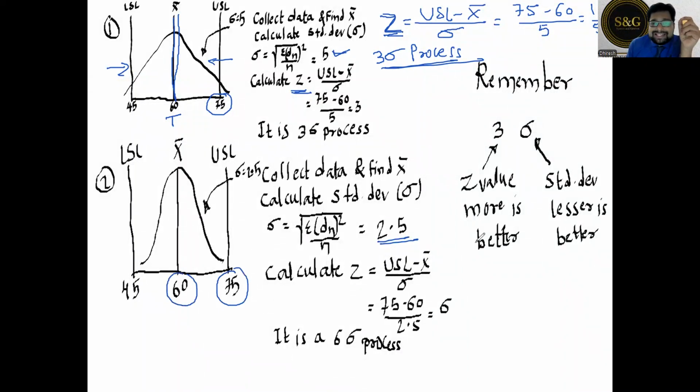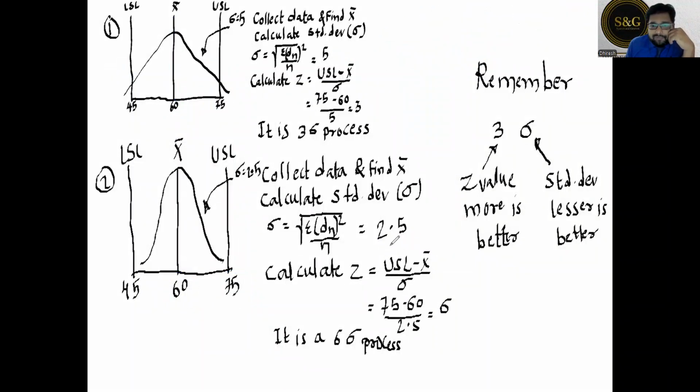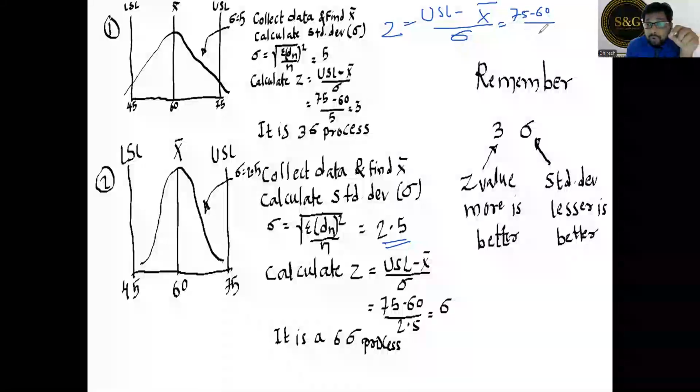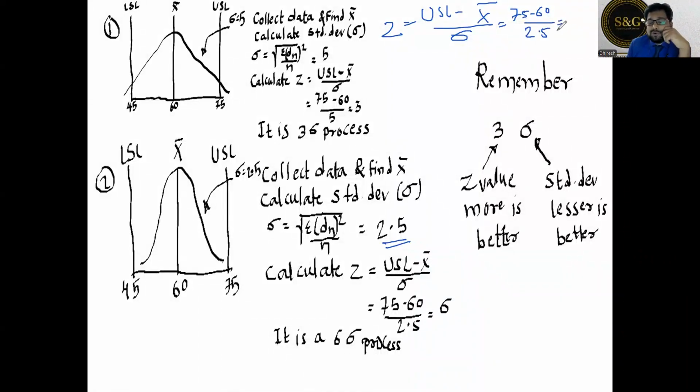Can you just calculate the Z score now? I've reduced my standard deviation to 2.5 instead of 5. So Z is equal to USL minus X bar divided by standard deviation. So it is 75 minus 60 divided by 2.5. What is the value?